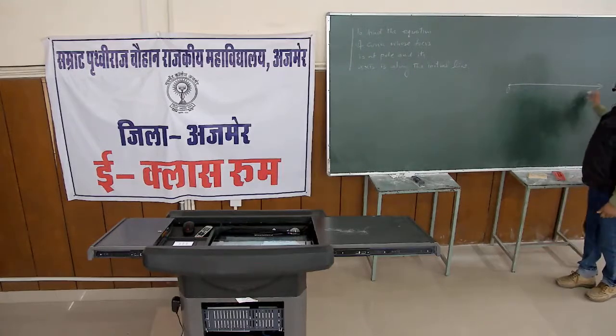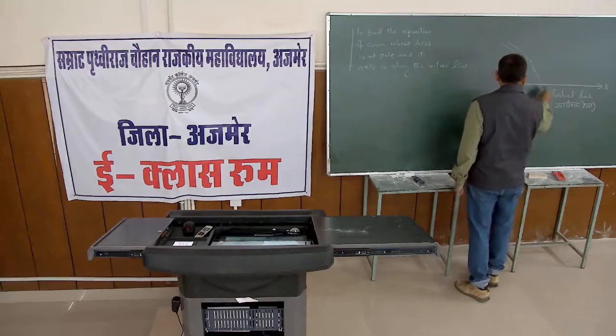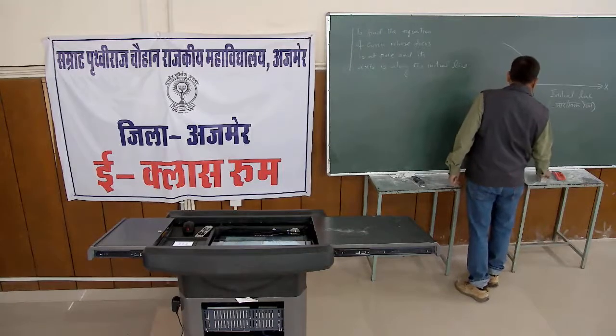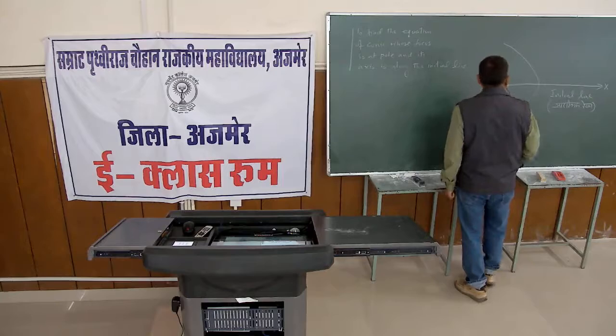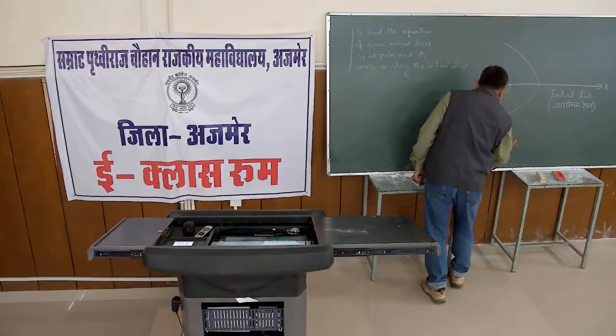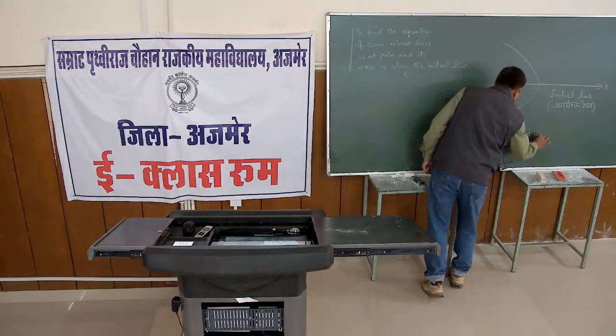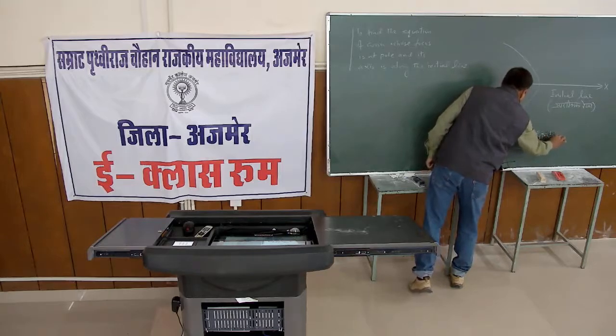O is the pole, OX is the initial line. This is the conic, meaning parabola, ellipse, hyperbola.